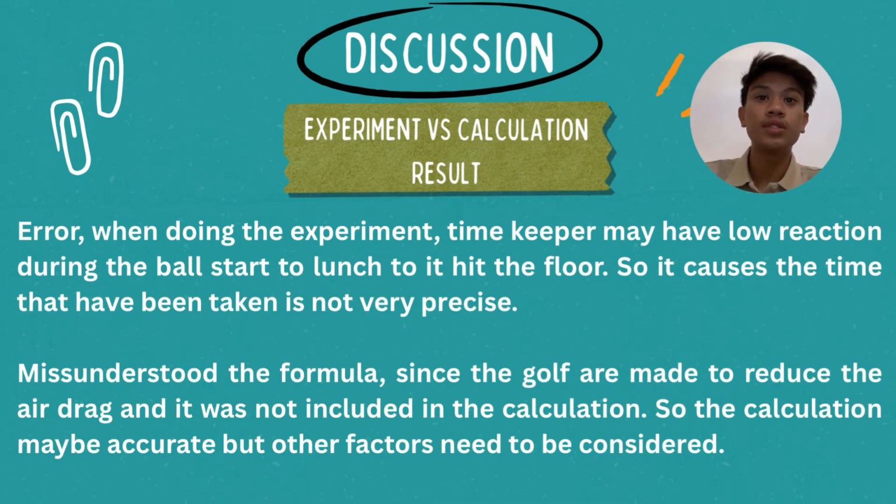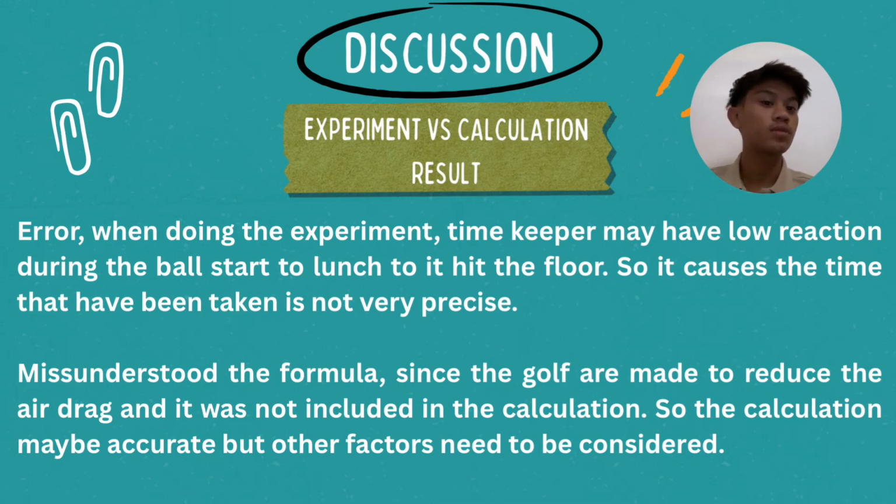So number 3 is experiment versus calculation results. When doing the experiments, some people may have slow reactions between the ball starting to launch and it hitting the floor. So it causes the time that has been taken to not be very precise.